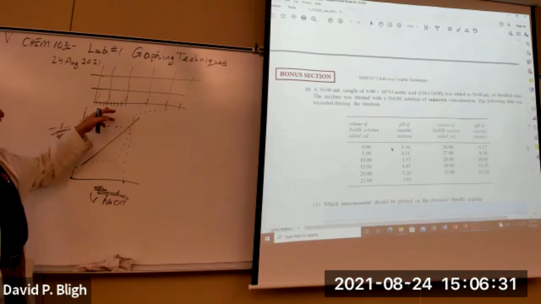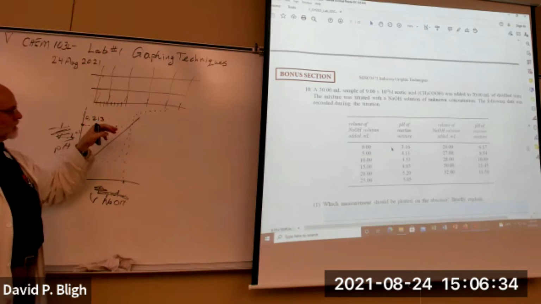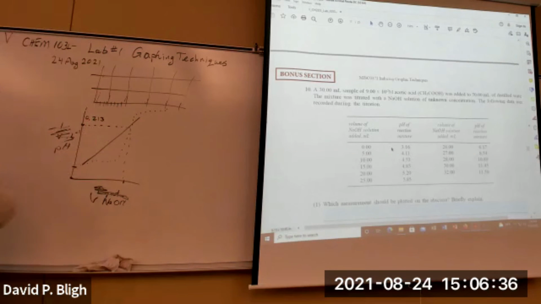So your major divisions will be here. And then your minor divisions, you want to set it up so that your minor divisions are close to what you would expect as, say, like decimals of the numbers. Well, for this one, you don't have decimals. You got 5, 10, 15, 20, 25. Well, that's good.